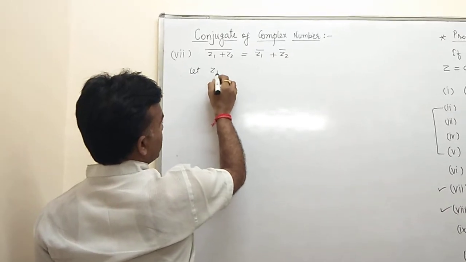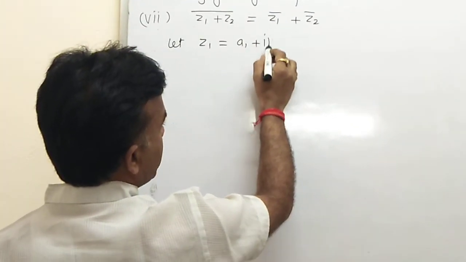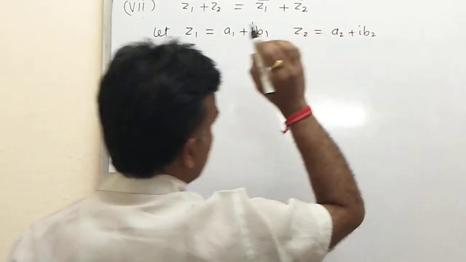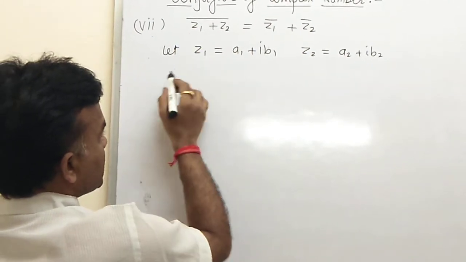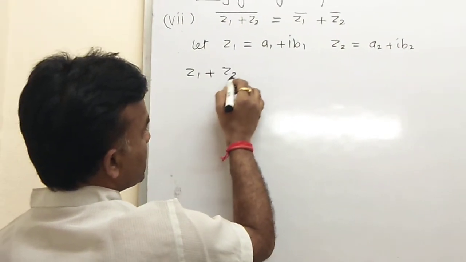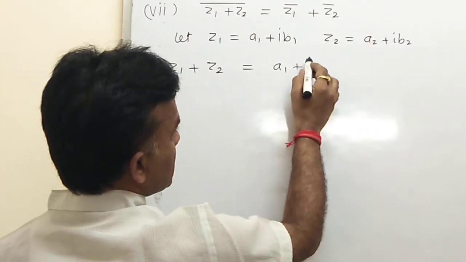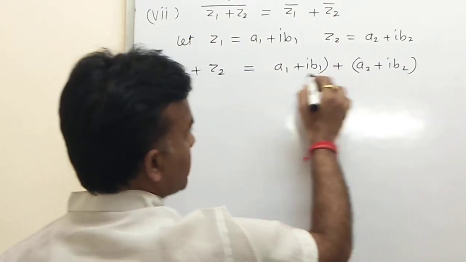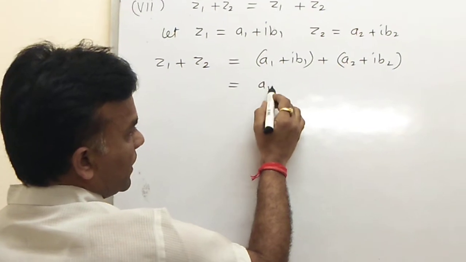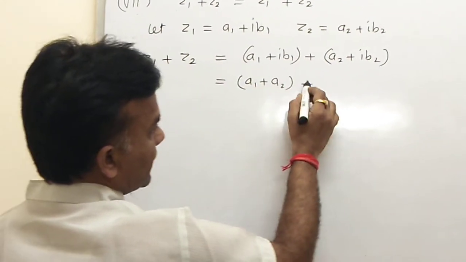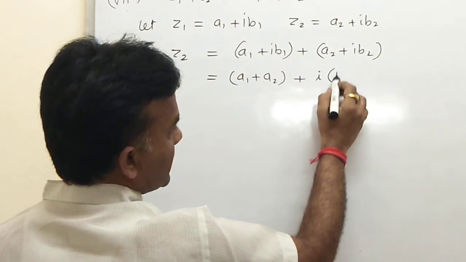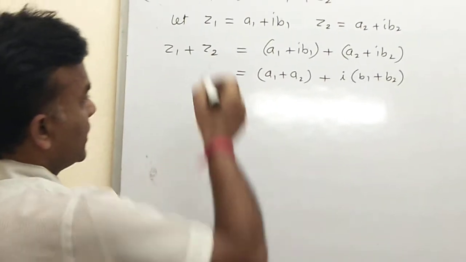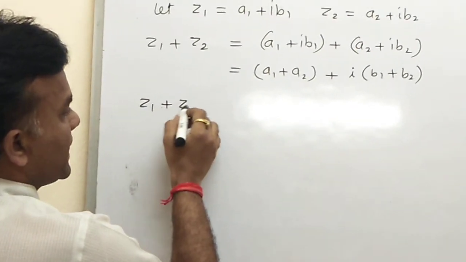So now here we illustrate with an example. Let z1 equal to a1 plus ib1 and z2 equal to a2 plus ib2. So first you add z1 plus z2: a1 plus ib1 and a2 plus ib2, so we have two brackets. Now we add like terms, a1 and a2 are added, and now i is common, so you take i outside, and b1 plus b2. Now you find the conjugate of this, z1 plus z2 whole conjugate.